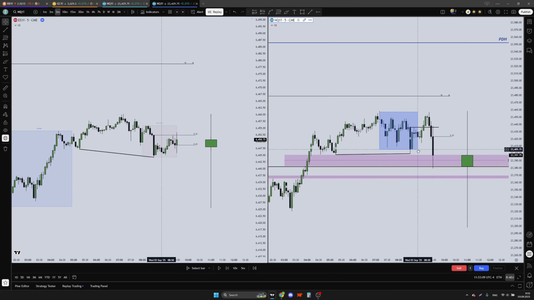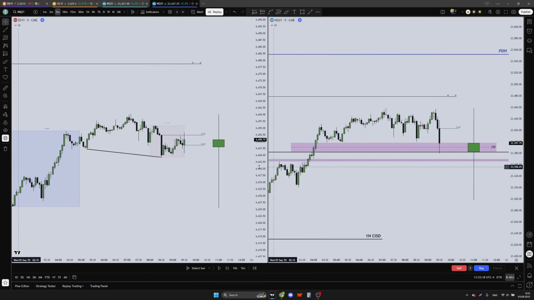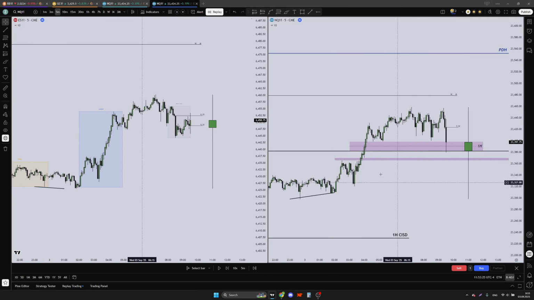Now after that, I was just thinking, okay, is my trade thesis fully invalidated or no? So for me, not to look for longs anymore, I would need these London lows to get taken out, right?